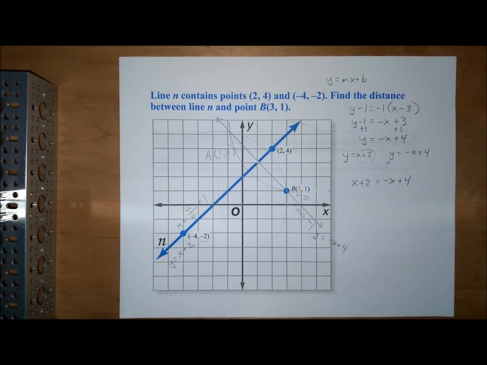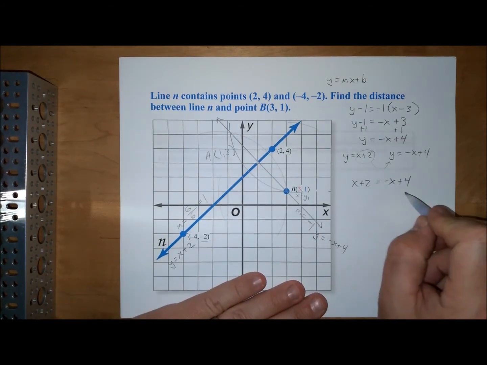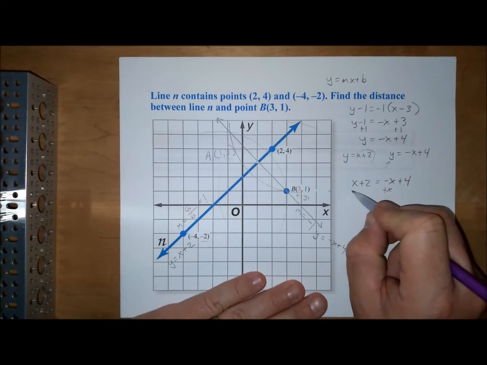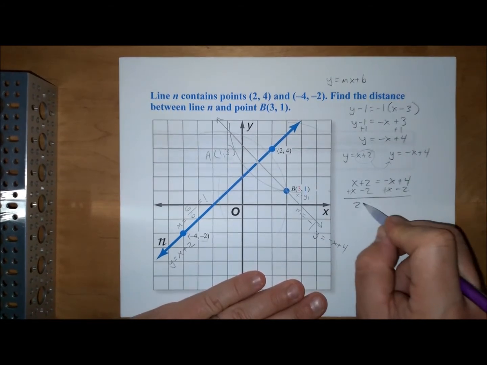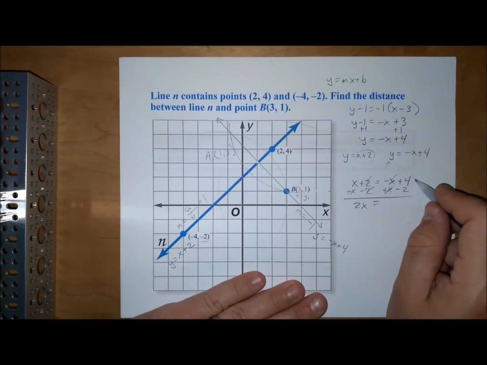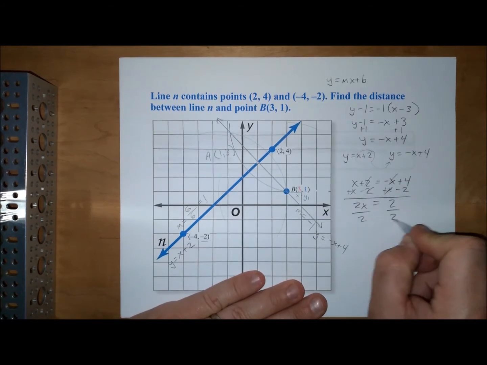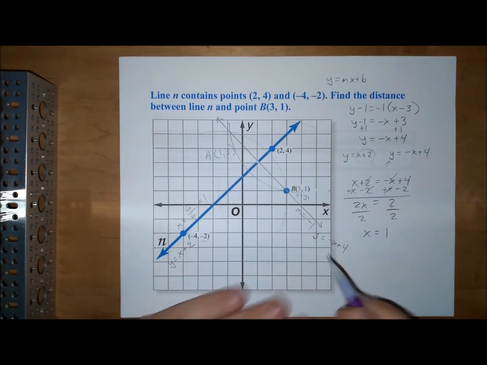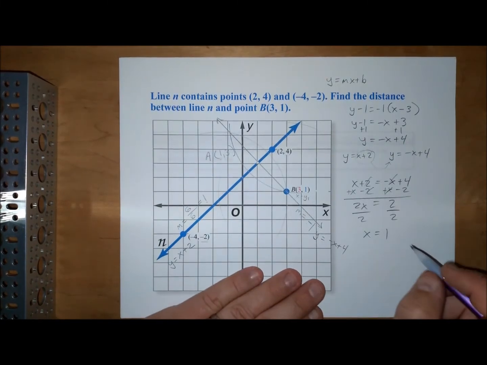Excellent. So we can solve this for x. We're going to go ahead and add x to both sides while we subtract 2 from both sides. And we get 2x. Those guys go away. Those guys go away. And 4 plus negative 2 is 2. Okay, so we're going to find that x equals 1. Hey, so far our graphical solution's checking out. This is good.